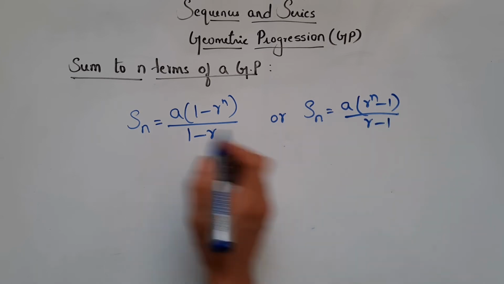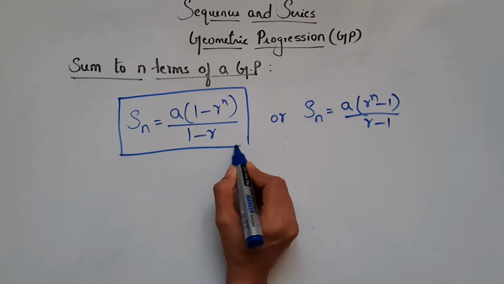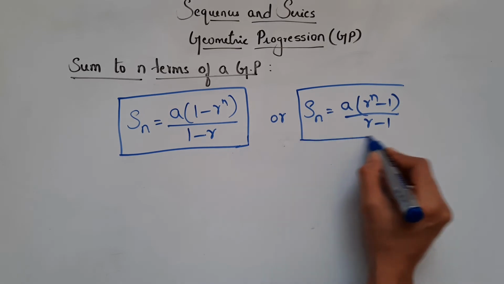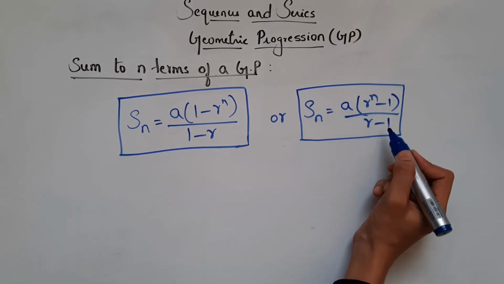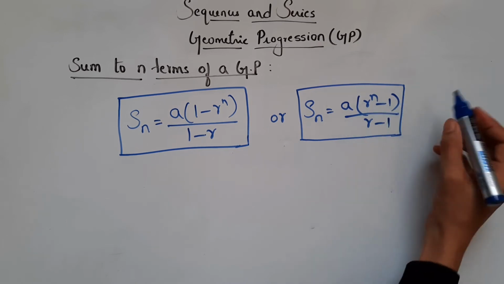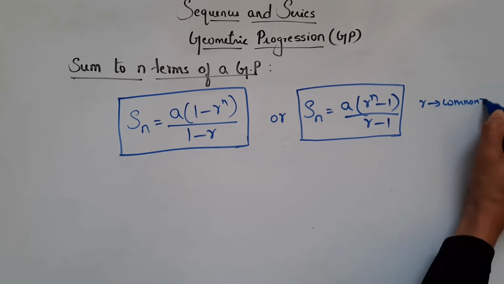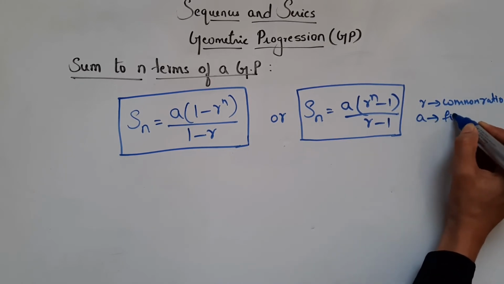So both will give the same answer, where R is nothing but the common ratio and A is the first term.